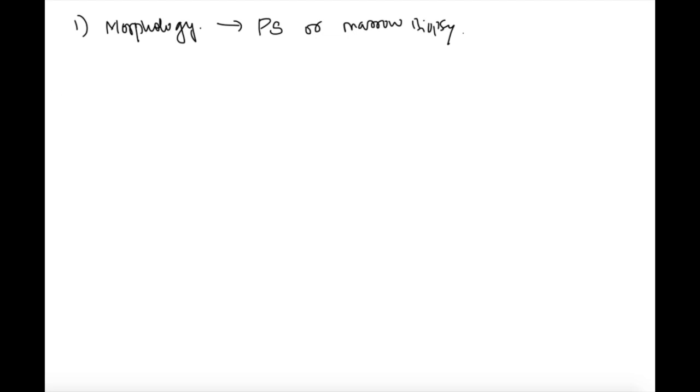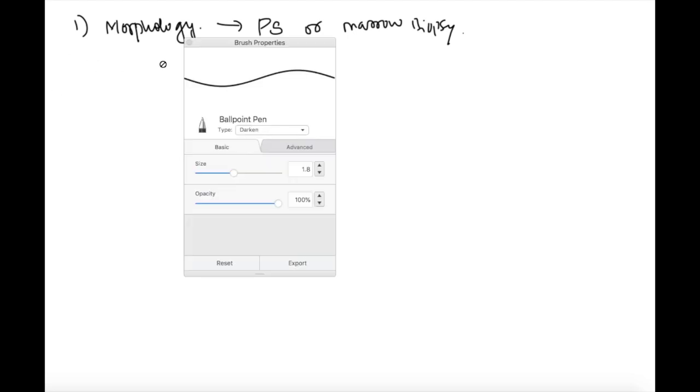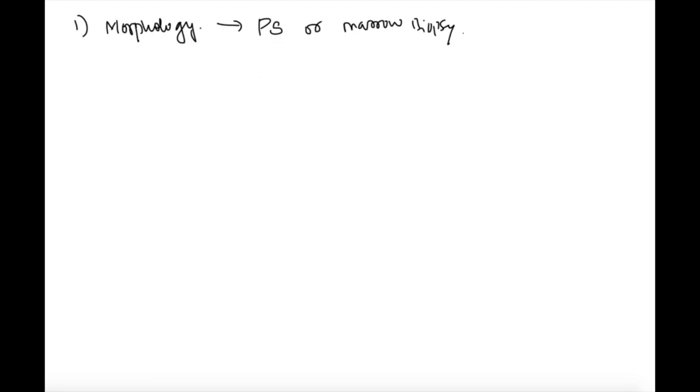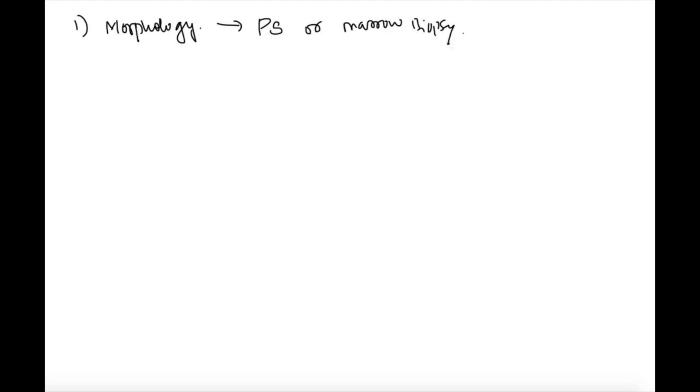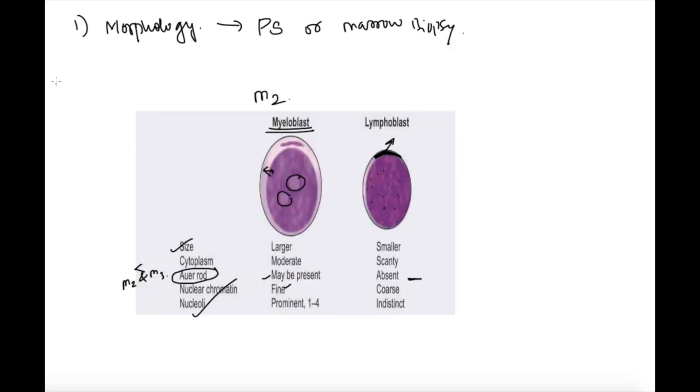So first, we do the morphology study, right? Fine. Next we are going to check what is called cytology. We have found the myeloblast, but now we need to confirm it, because sometimes from the slides it may not be obvious.